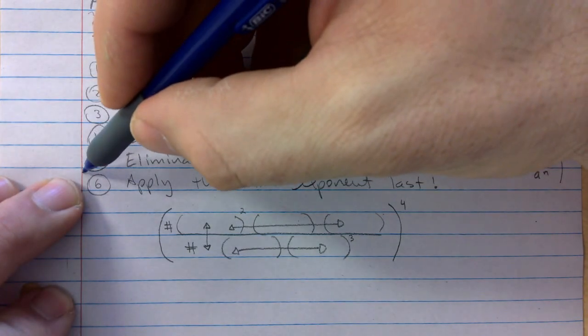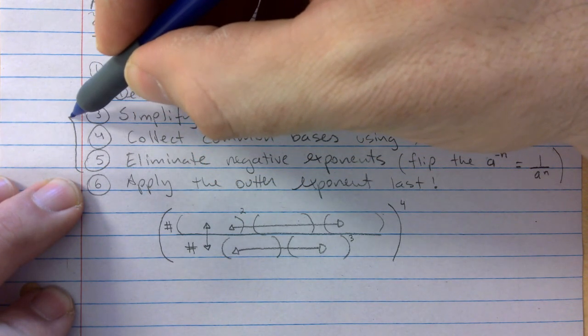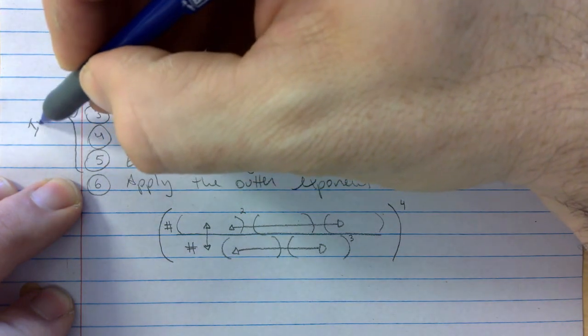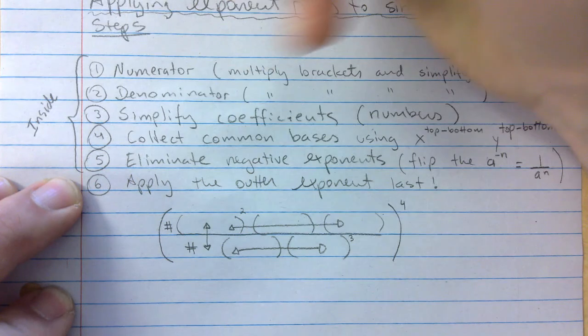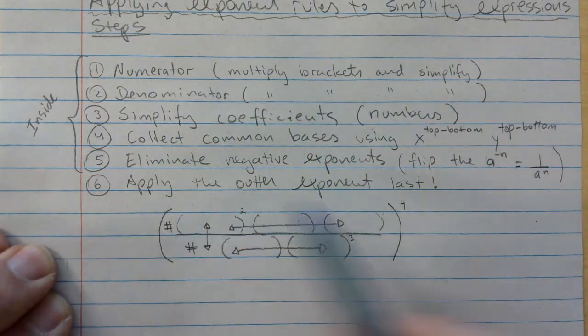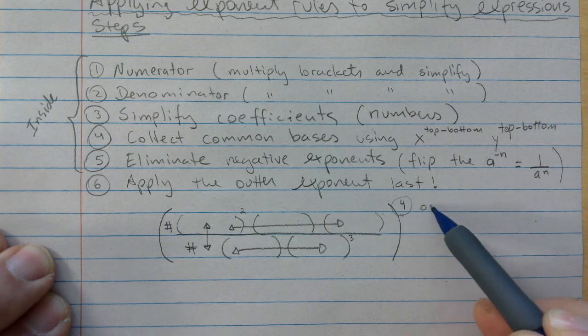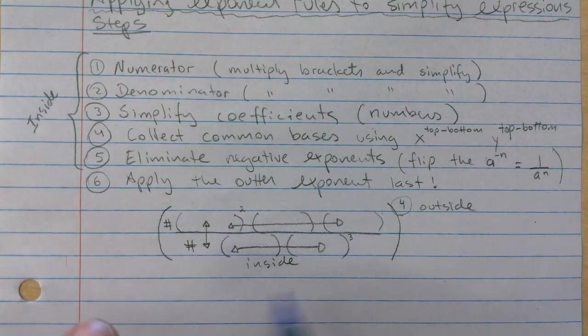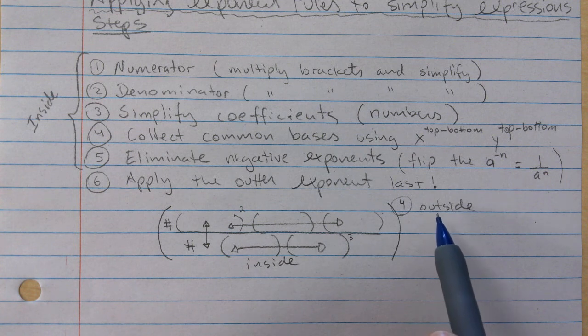So this would be inside, right? And this is the outside, like this one right here, outside, right? And this is the inside. So first you got to clean up everything inside, and then at the very end you apply the outside exponent.